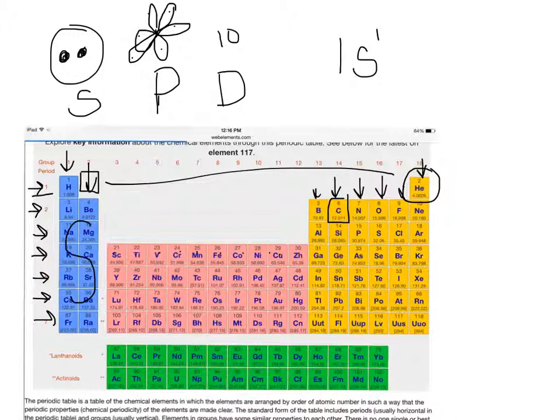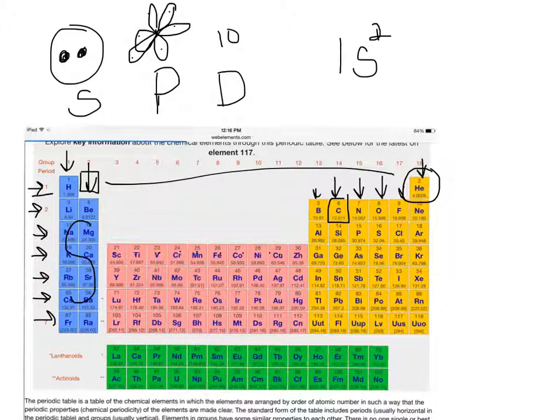So I'm not going to come over here and write 1s2. I'm just going to show that there's a second one up here. So I'm going to change that little 1 to 2. So that means helium's 2 electrons are on the first energy level in the S shape, and there's 2 of them. Pretty easy.